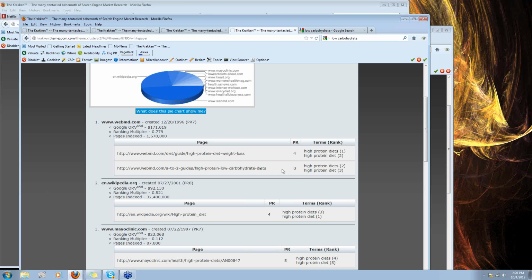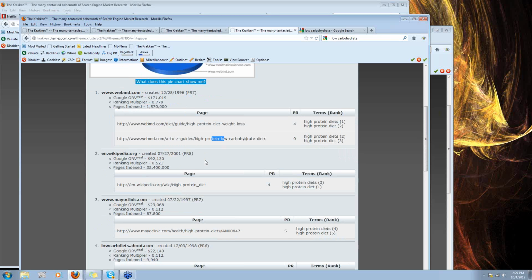You're not going to be able to come in here and knock this second page out just because you've got more page rank. This page is ranked here because it's closely associated with this page. Probably this page links to this page, and they're tied together because of the domain.